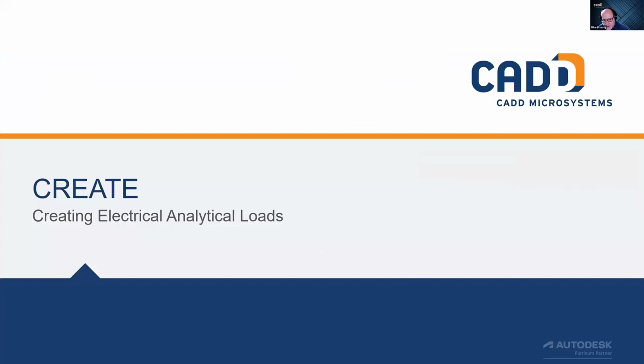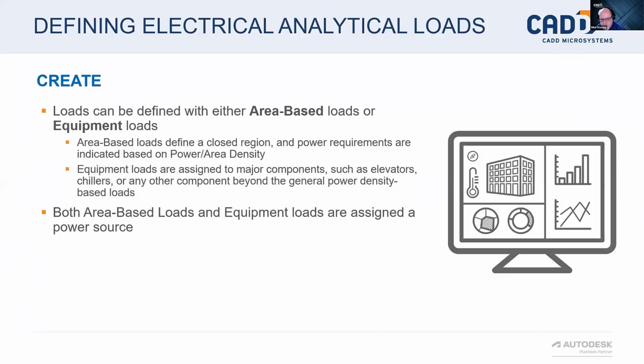The next step is to go ahead and create your analytical loads. Again, there's two ways we can do this. We can use either an area-based load or the equipment loads. For the area-based loads, we'll be using the plan as the guts of defining those areas. Once we have those areas defined, we'll create the area-based loads from that.